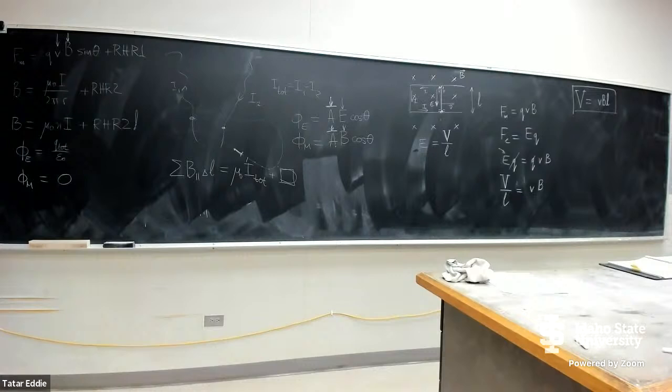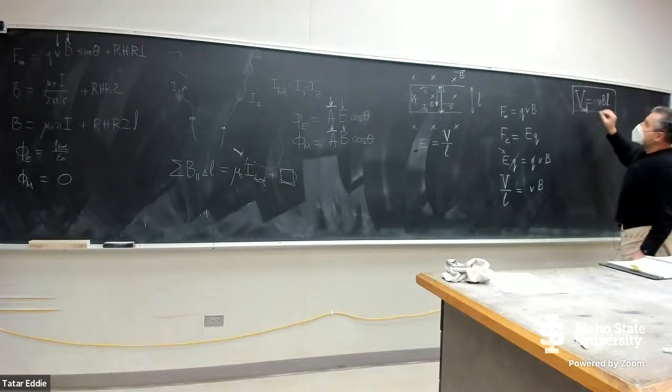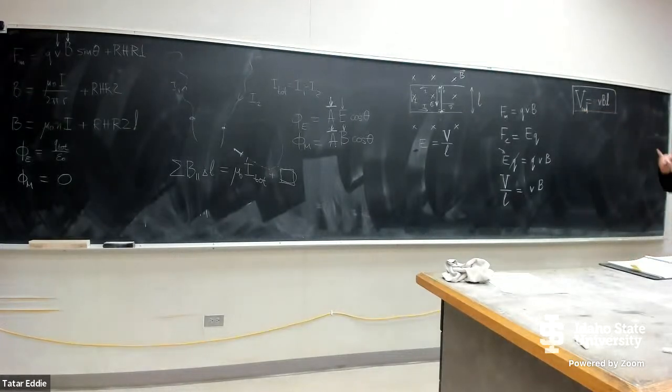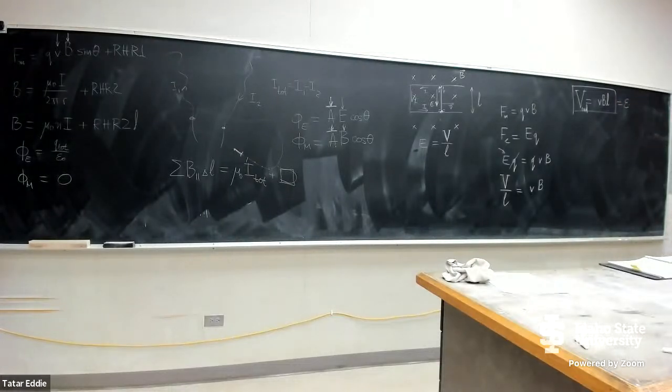Okay, now the next step. Look, this expression that we derived for the voltage induced, we call this induced voltage, and I'll put a subscript induced. But in the textbook, instead of induced voltage, they call this electromotive force.